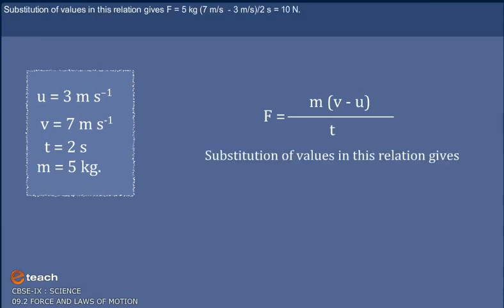Substitution of values in this relation gives F = 5 kg (7 m s^-1 minus 3 m s^-1)/2 seconds. That is equal to 10 Newton.